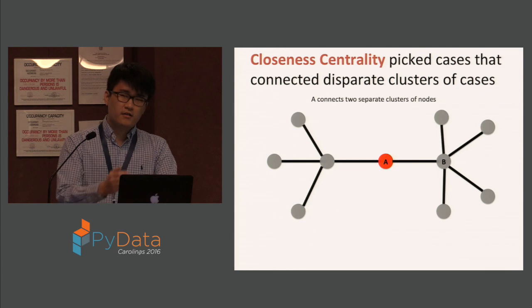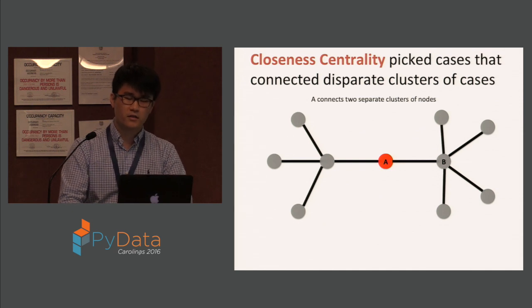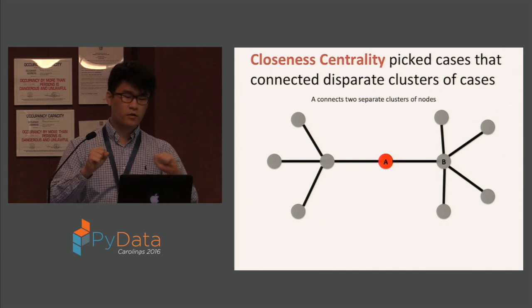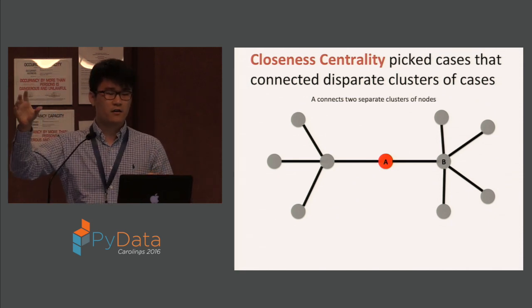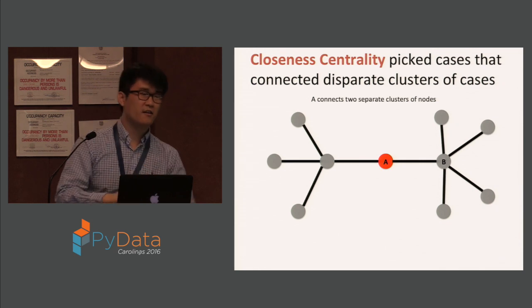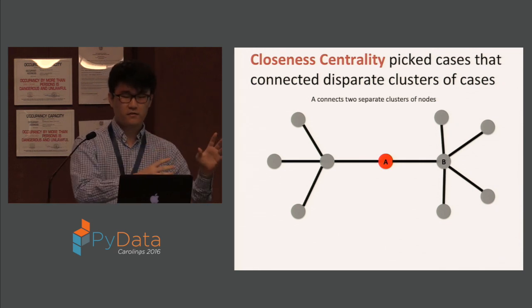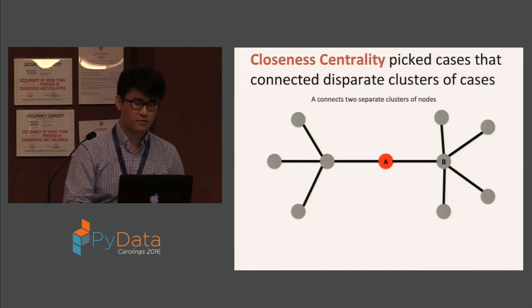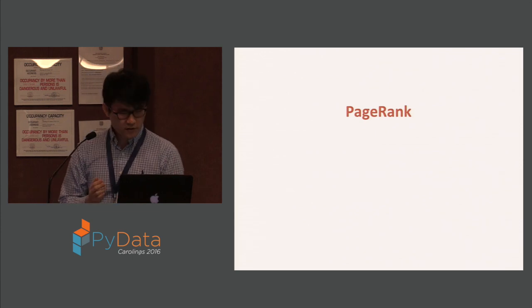So that explains how closeness centrality is between two separate clusters of nodes now, right? Because it's basically close to all other nodes, because a bunch of court cases from one area of law is going to cite this procedural law, and a bunch of court cases from another cluster of law is going to cite this procedural law. And I'll hand this off to Iain to talk about PageRank.